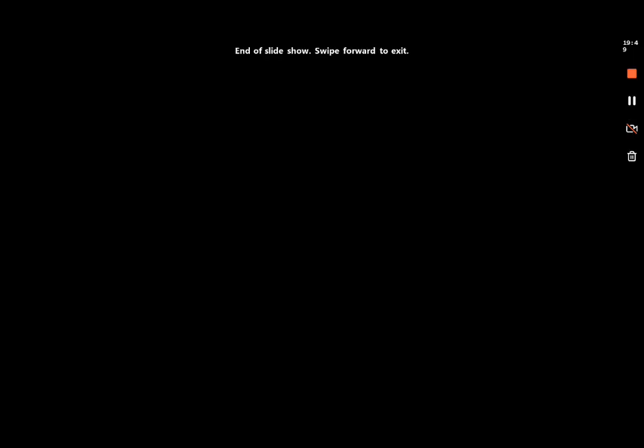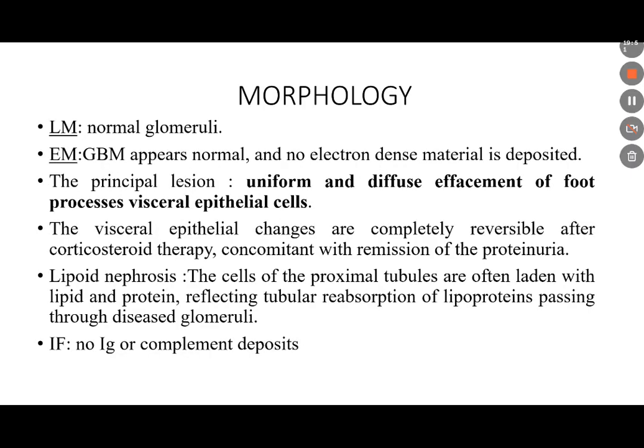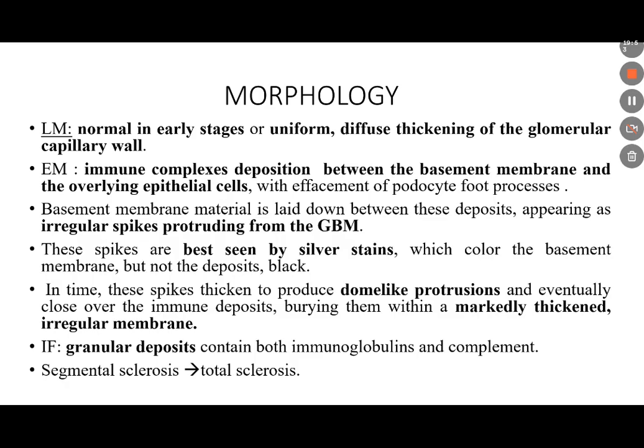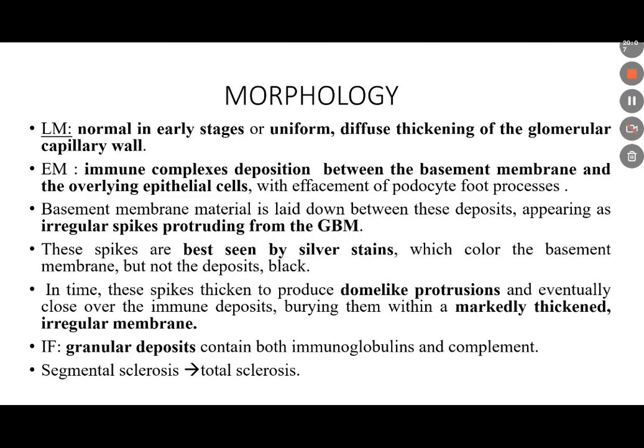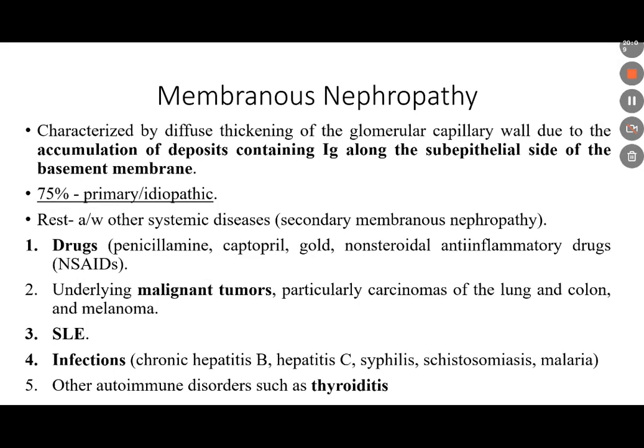So we will discuss the rest of the entities later. These were the main entities that we discussed, which is minimal change disease. Again, a child presenting with nephrotic syndrome, severe proteinuria, but there is no problem on light microscopy, no problem on electron microscopy, no problem on immunofluorescence. Then we have membranous nephropathy.